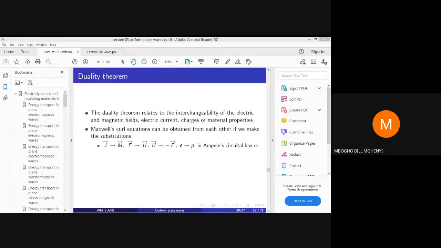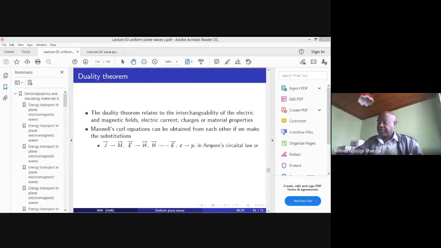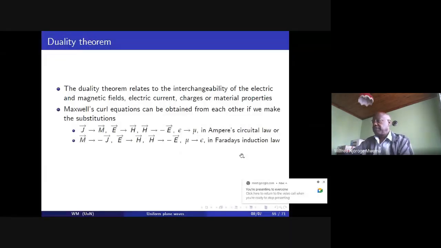Yes, we get it. Yeah, so you get the Faraday's law from the Ampere's law, and usually in the Faraday's law, if you were to make the substitution M going to minus J, E going to H, and H going to minus E, and mu going to epsilon, then you'll obtain the Ampere circuit law.